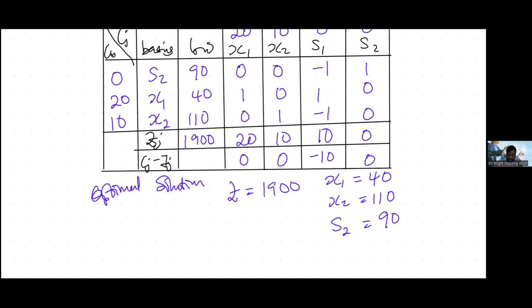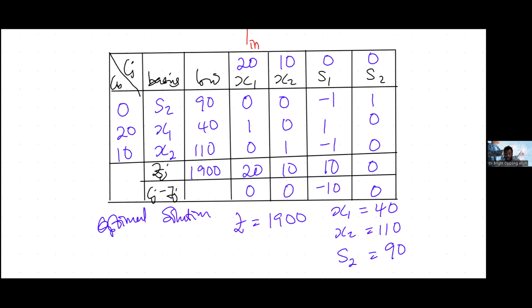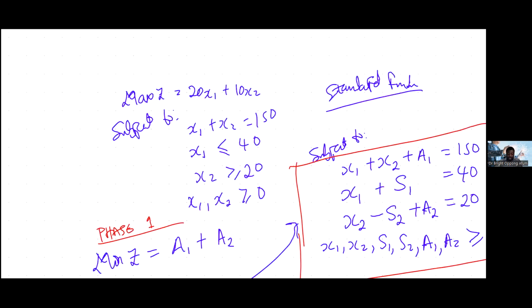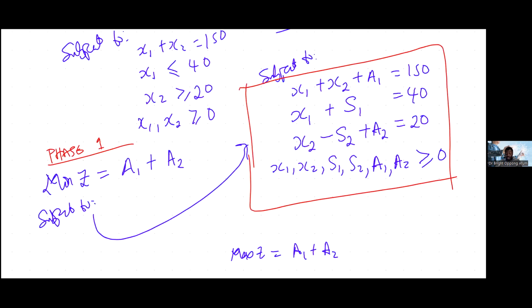So I hope the two-phase approach is well understood. So what we do is that we generate a minimization with the artificial variables, and we use the same standard form of the constraints that we generated.